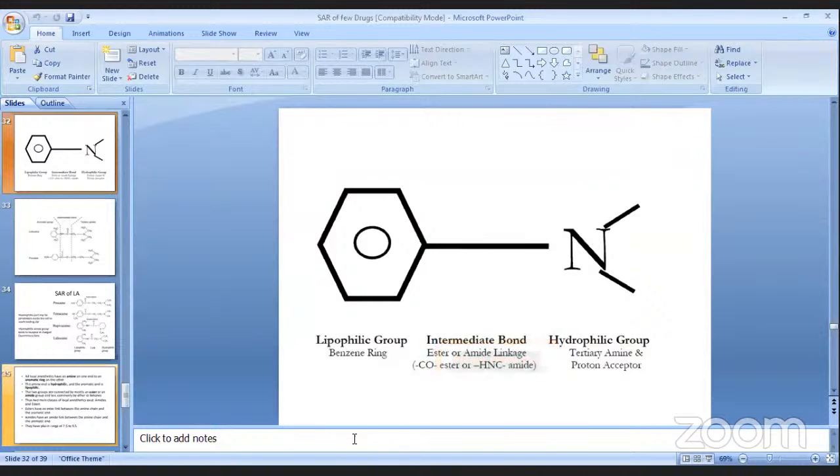These benzoic acid derivative local anesthetics have three parts: a lipophilic part, that is the benzene ring, which in lidocaine is xylene; a hydrophilic part, generally a tertiary amine, which is the proton acceptor of the molecule; and the intermediate linkage, a hydrogen-bonding amide linkage, which is very essential for local anesthetic activity.